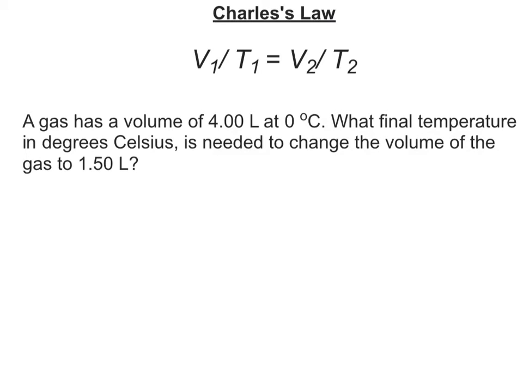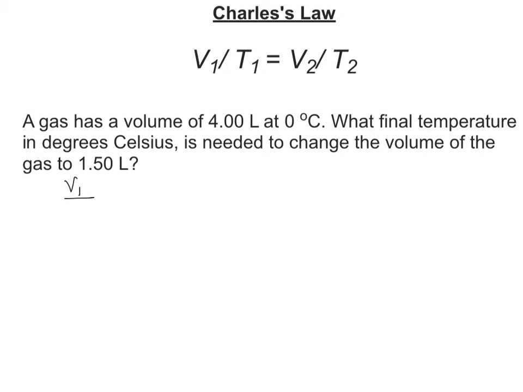So when we do calculations using gas laws, we always have to convert Celsius temperature to Kelvin. So in this question, we have to give the final temperature in degrees Celsius. First, we have to convert the Celsius to Kelvin, do the calculation, and when we get the final temperature in Kelvin, we have to convert it back to Celsius. So let's see.